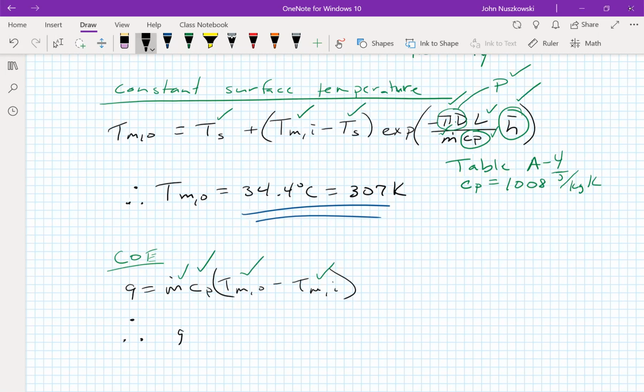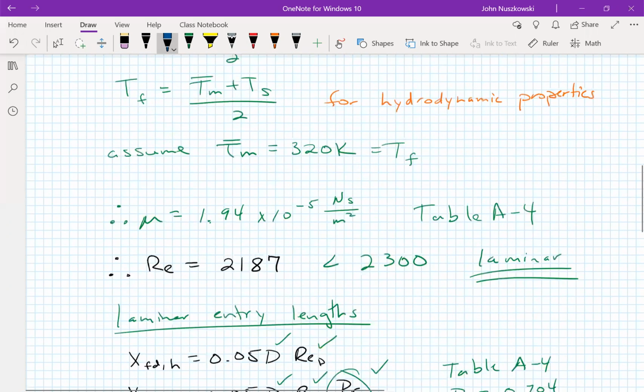So then we get Q is equal to negative 40.9 watts. Okay, so we go back up, we have Q.